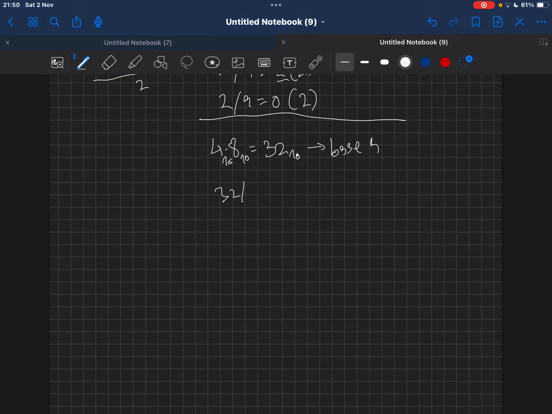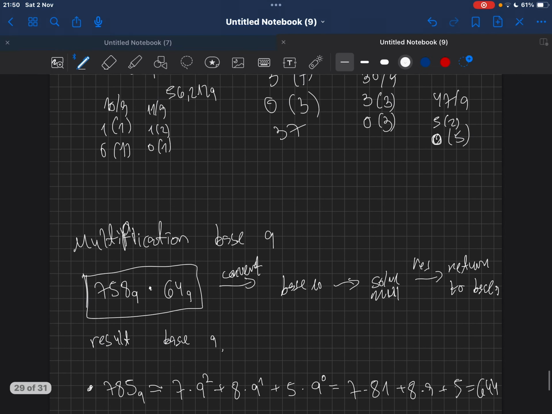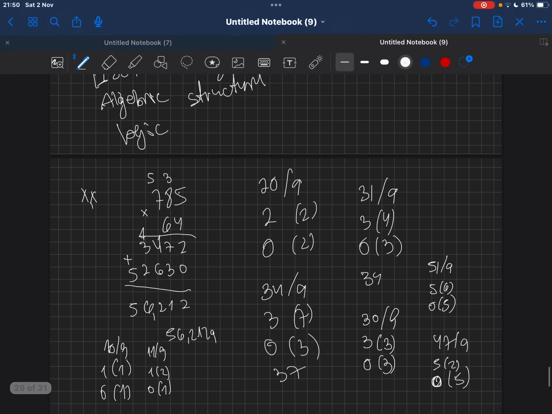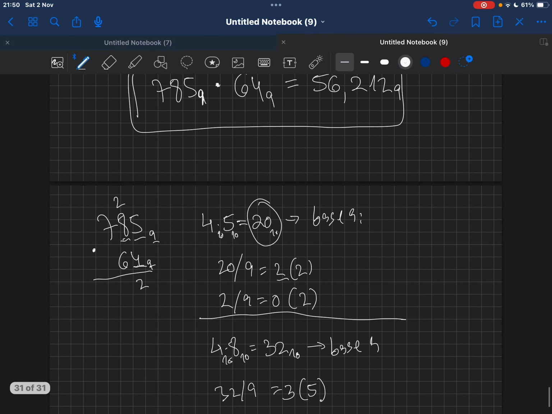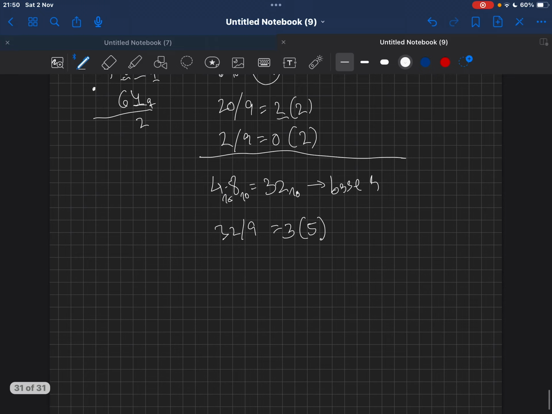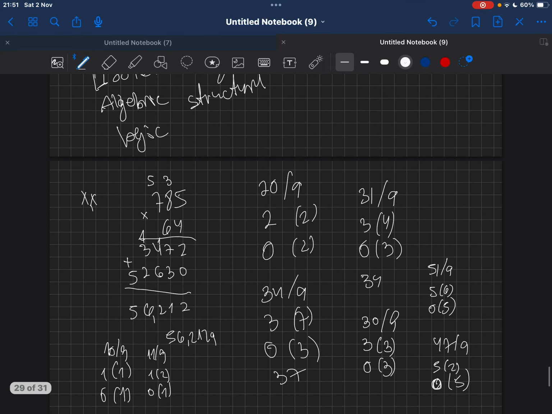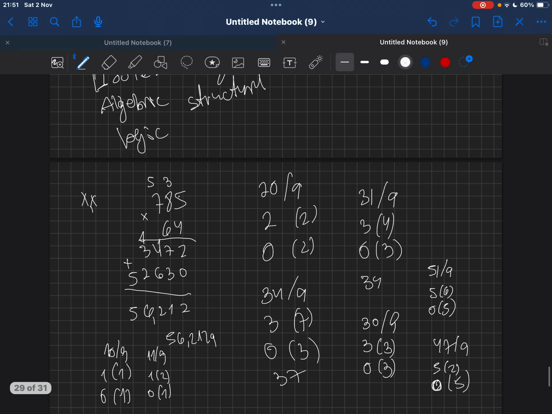Now convert it to base 9: 32 divided by 9 gives me 3, which is 27, and a remainder of 5, right? If I'm not mistaken, I already did this, so let me make sure I'm not making mistakes. So now I should get 7. It's 7. Wait. No, this is not 7.